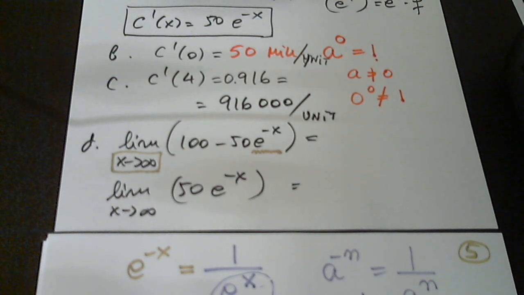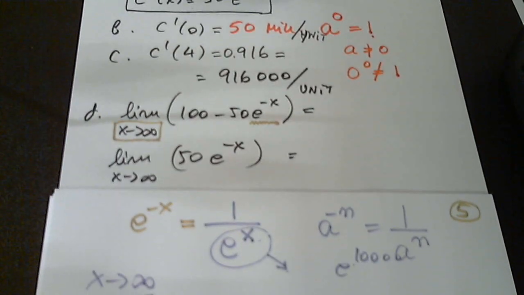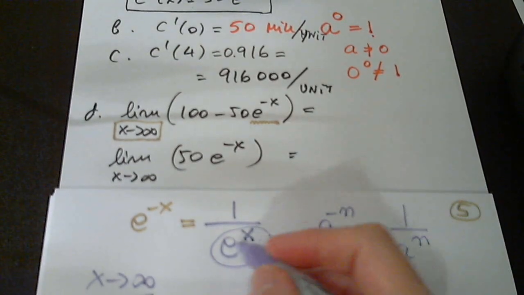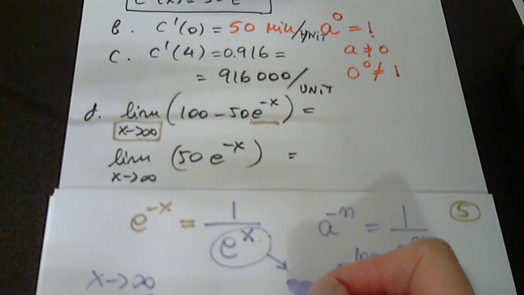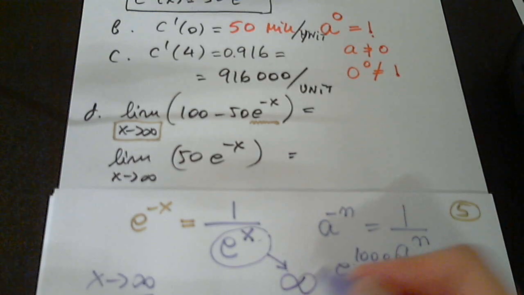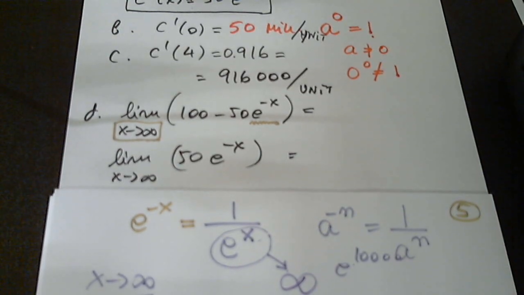It's 2.6 times 10 to the 43. So, just this piece, where do you think it's going again? E to infinity. It's such a huge number that we don't even know what it is.